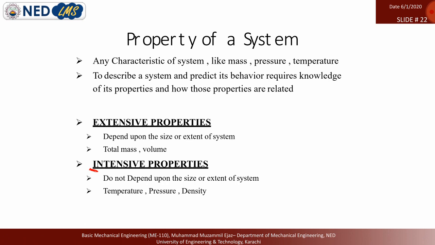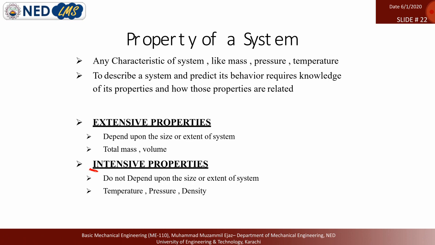Like temperature doesn't depend on any volume or any extent. A very small piece of a body can have high temperature, and a large body can have temperature high or low, so it is independent. Similarly, pressure, we will study pressure in an upcoming slide. You can easily identify why it is independent of any volume, size, or extent.